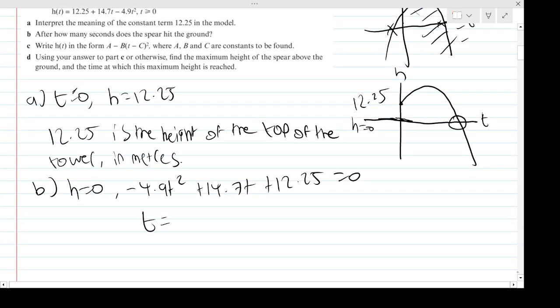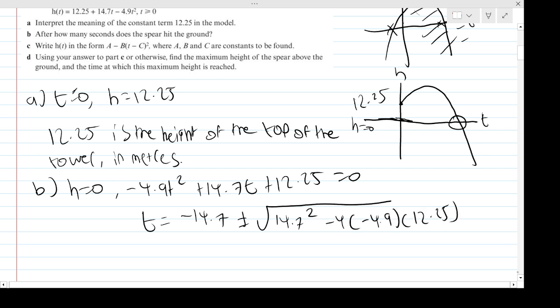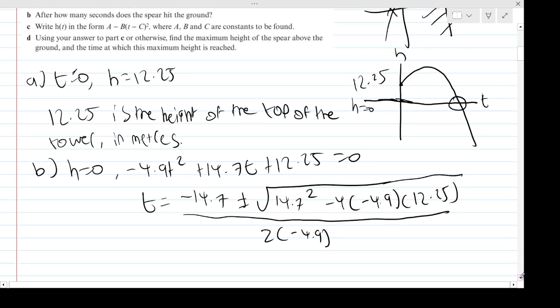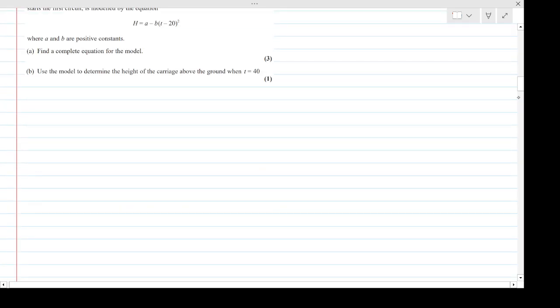So t would be minus 14.7, and that is a t there, minus 14.7 plus or minus the square root of 14.7 squared minus 4 lots of minus 4.9, 12.25, over 2a. Well, that'd be 2 times minus 4.9. Oh dear.